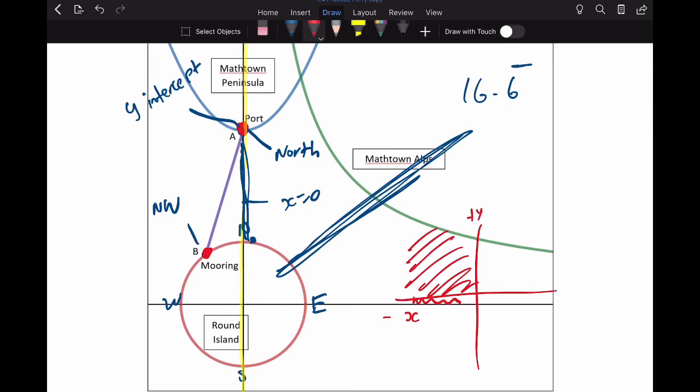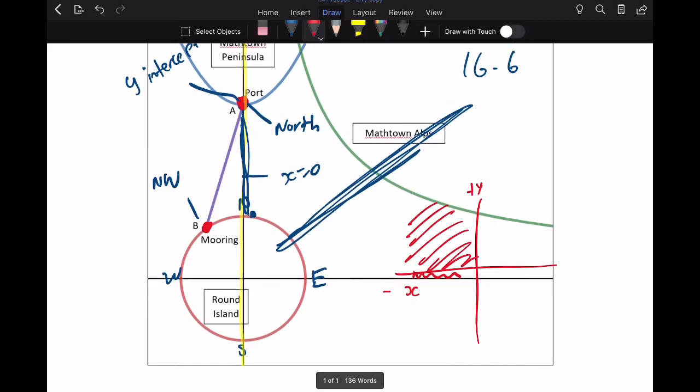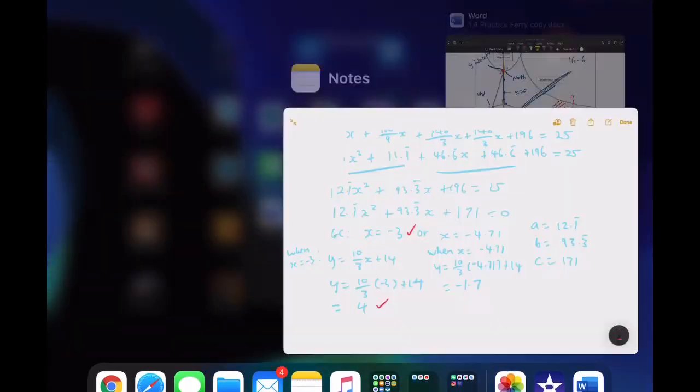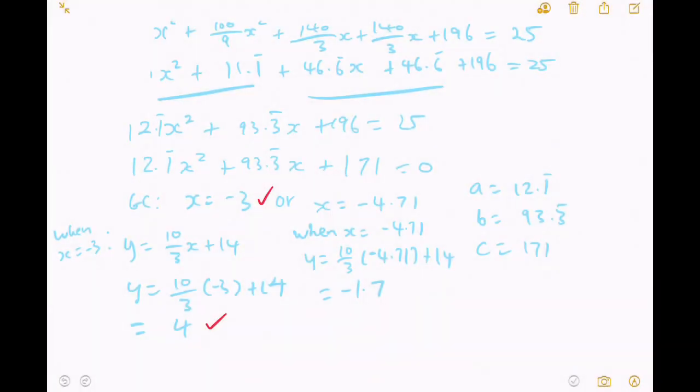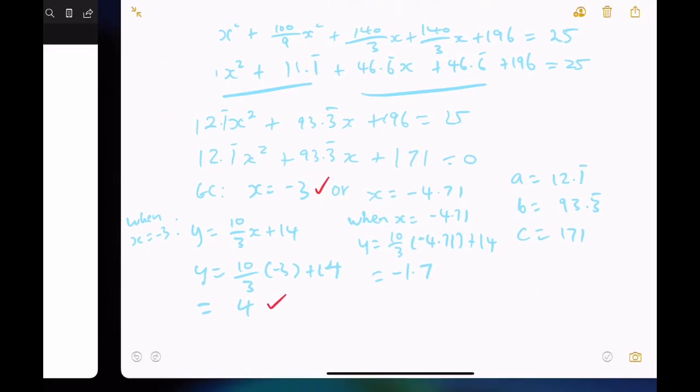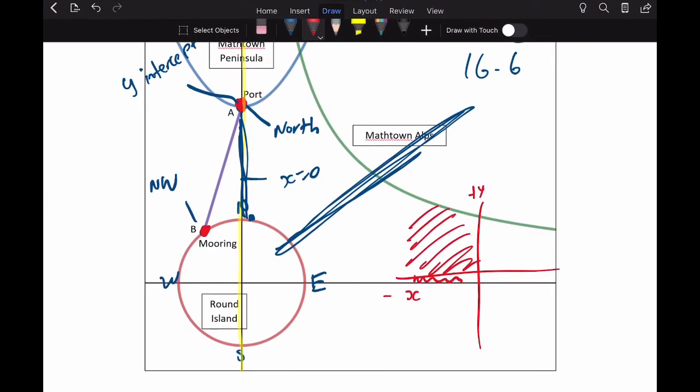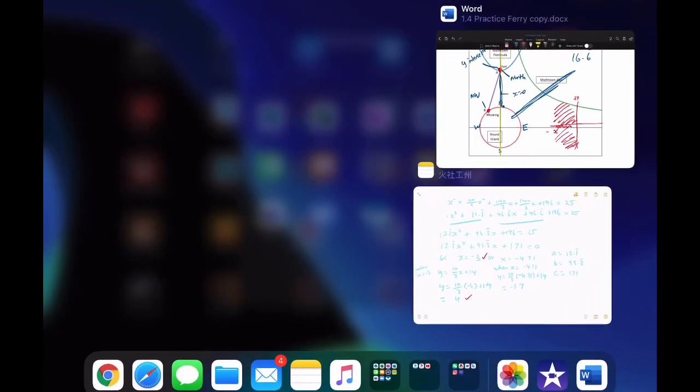The other point, negative 4.71 and negative 1.7, will not be there because both negative x and y is down here. So the correct point is negative 3, 4.